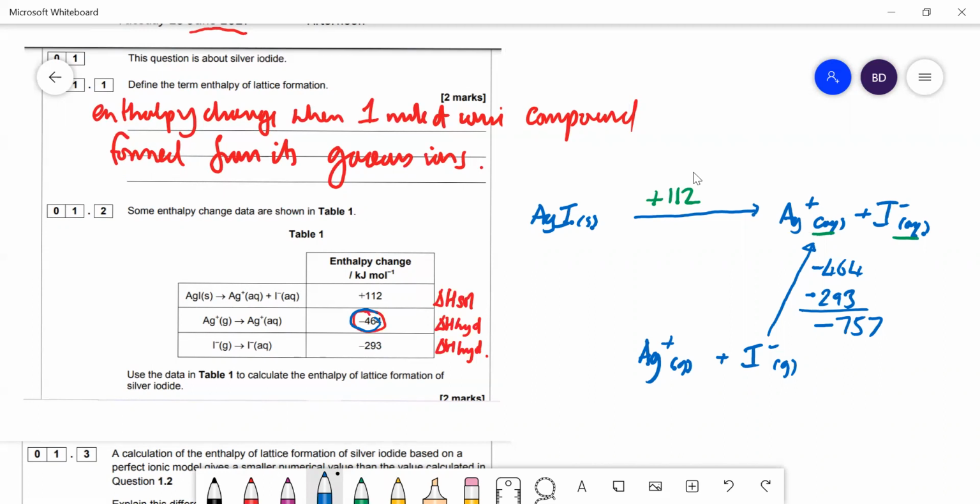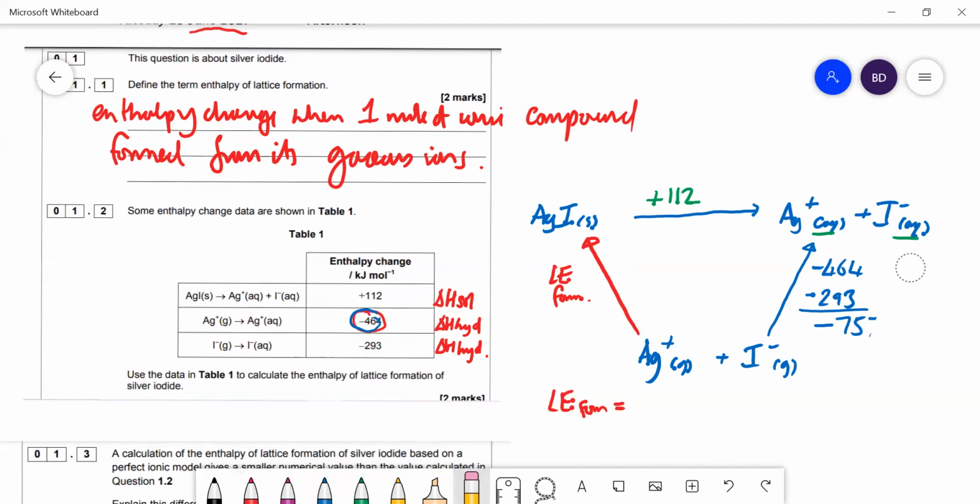Now this one, we need to find the lattice enthalpy of formation. So I'm going to put the arrow going that way because that is lattice enthalpy of formation. That red one, that's what we've got to find out. So we can see there the lattice enthalpy of formation. Right, so we want to go from there to there.